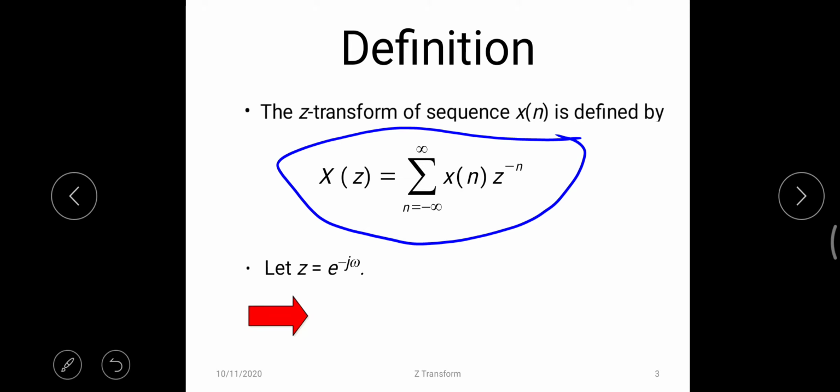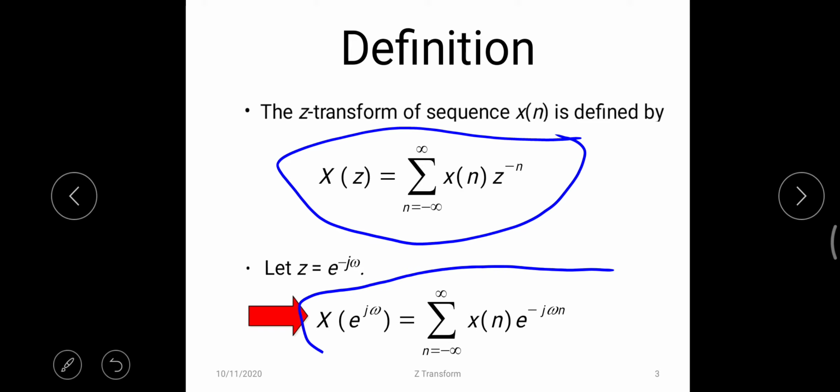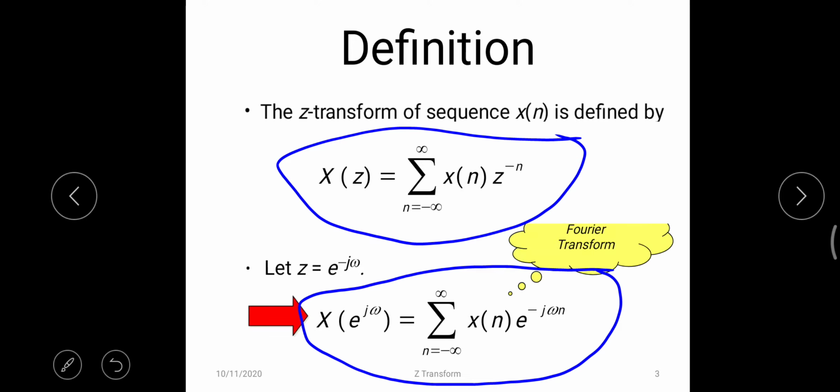If r is equal to 1, then X of e power j omega is equal to summation n is equal to minus infinity to plus infinity x of n e power minus j omega n, which is nothing but your discrete time Fourier transform. So your Z transform should be in the form of polar coordinates, whereas the Laplace transform follows rectangular coordinates.